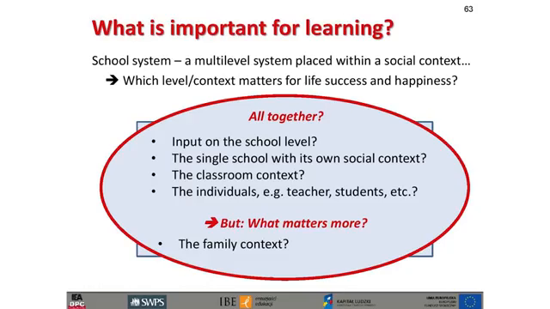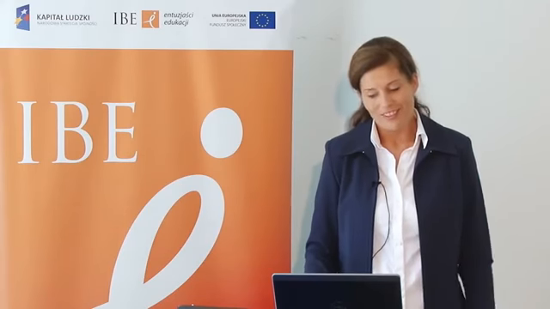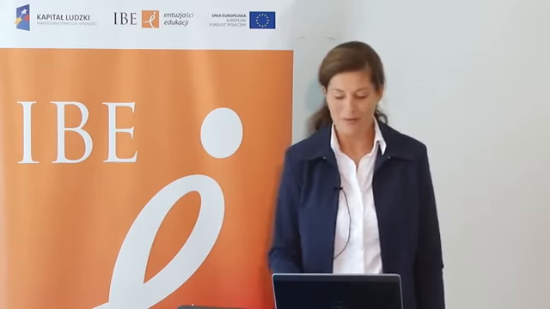Probably the single school with its own social context, or probably the classroom context. Or is the individual more important, like teachers, students, these individual processes? Or is it the family context? Or maybe it's all together? Most probably yes. But still, what matters more?